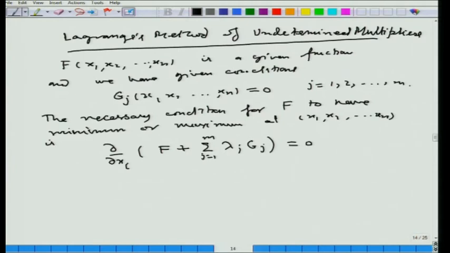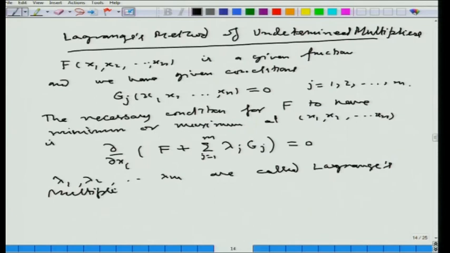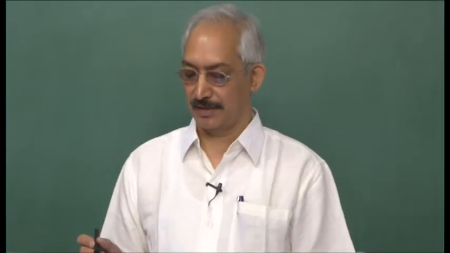Here these lambda 1, lambda 2, ..., lambda m are called Lagrange's multipliers. These are unknown and they are to be found in addition with the points of minimum or maxima.